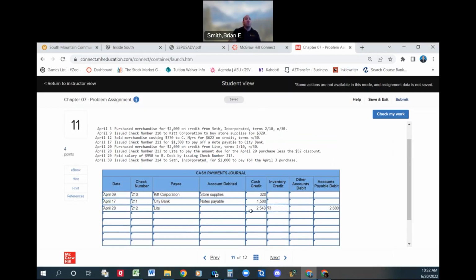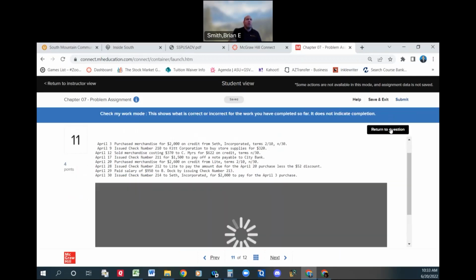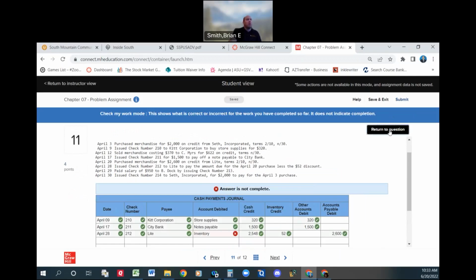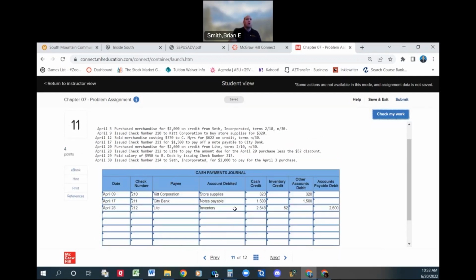I don't know what I was thinking. Let's just put inventory here and see if that loads. My guess is that we needed to put this in these accounts payable debit or other account debit. So let's do that. Let's check my work and see if that made it an error. Okay, but inventory was wrong.